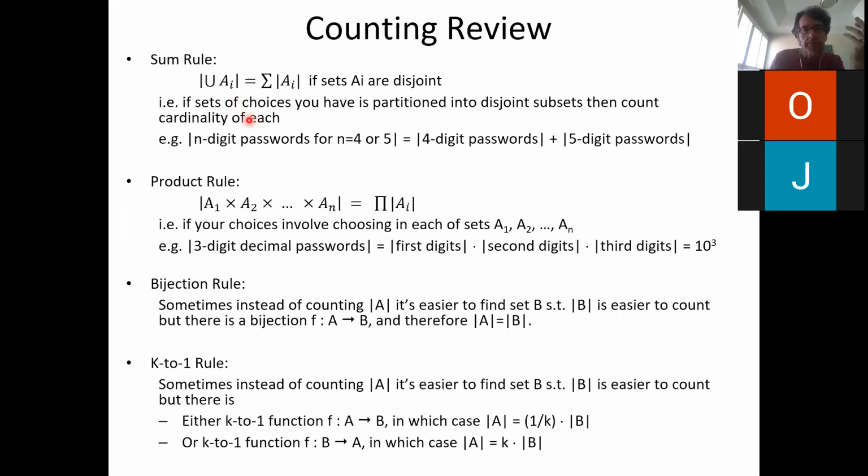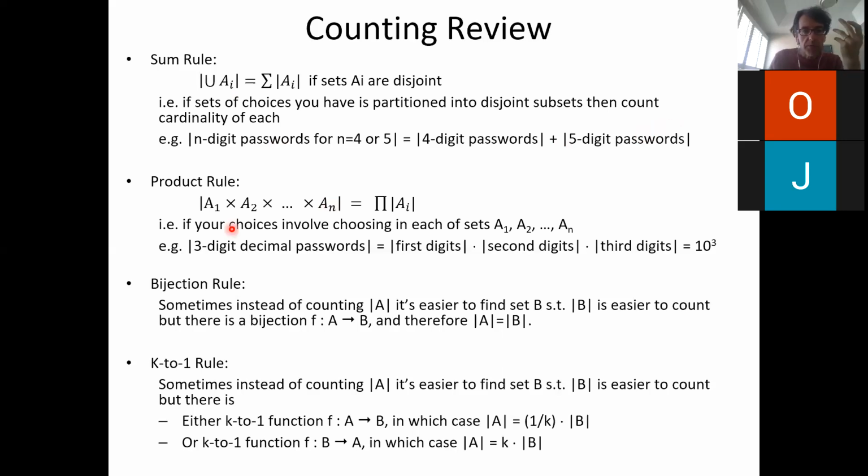For example, you are asked to count n-digit passwords where n is either 4 or 5. Well, it's the number of 4-digit passwords plus the number of 5-digit passwords. That's an example of a sum rule. It's either of these 2 subsets. A1 is this set, and A2 is this set, and they're non-intersecting.